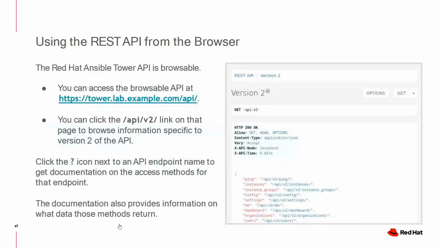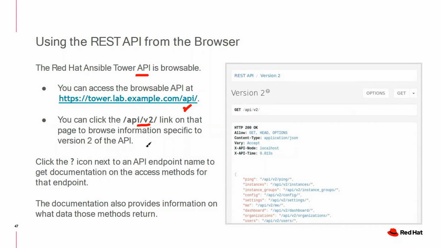Now, using the REST API from the browser. The Red Hat Ansible Tower API is browsable. You can access the browsable API at https://tower.lab.example.com/api/. And then you can click on API version 2.